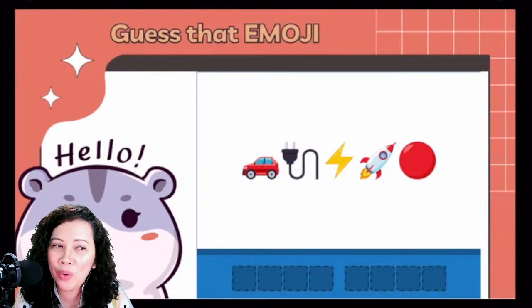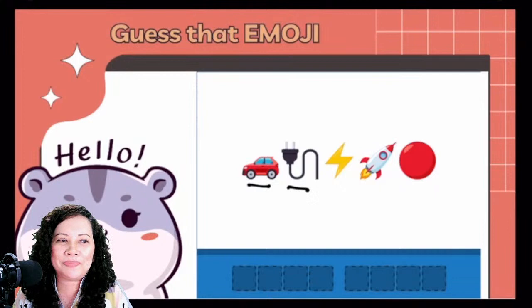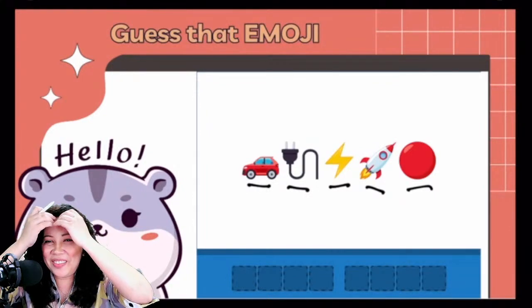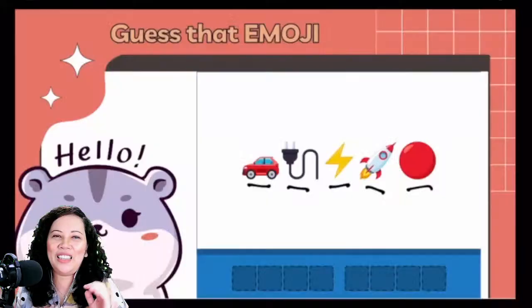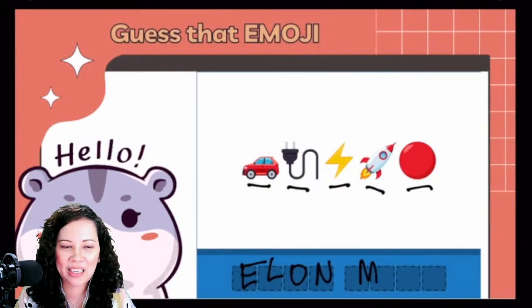Okay, who is this person? A car, electric. I also forgot the name. Don't forget the name. I know this. Elon Musk. Yes, that's right. Elon Musk.